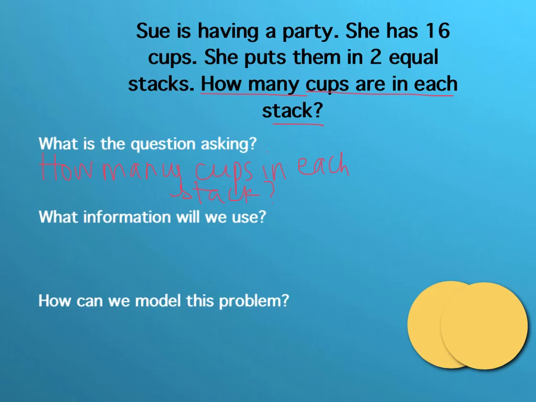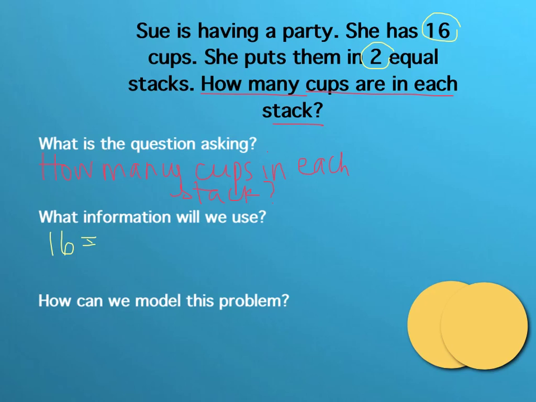All right, now we need to pull out what information we are going to use. What is the most important information to use? Well, that's when we always look at our numbers. So let's pull out the numbers. We have 16 and 2. In this problem, what is this 16 referring to? 16 is for the cups.